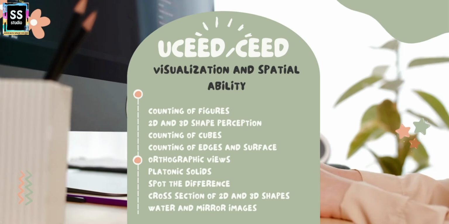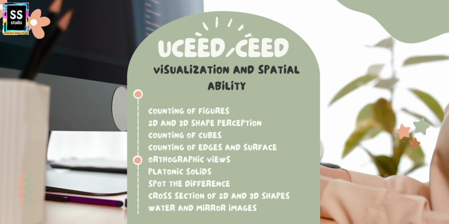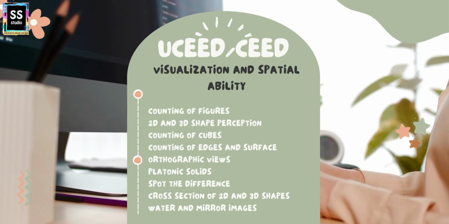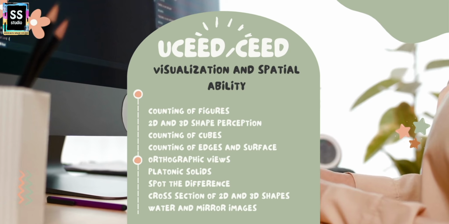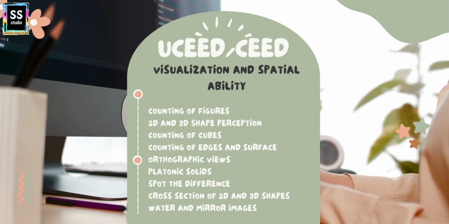So what I have done is divide this whole UCEED syllabus into 3 modules. Let's talk about module 1, and under module 1 you are going to study these topics: visualization and spatial ability. Number 1, counting of figures. Number 2, 2D and 3D shape perception.